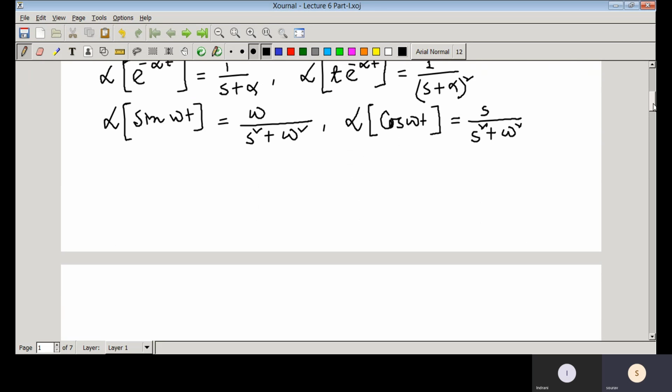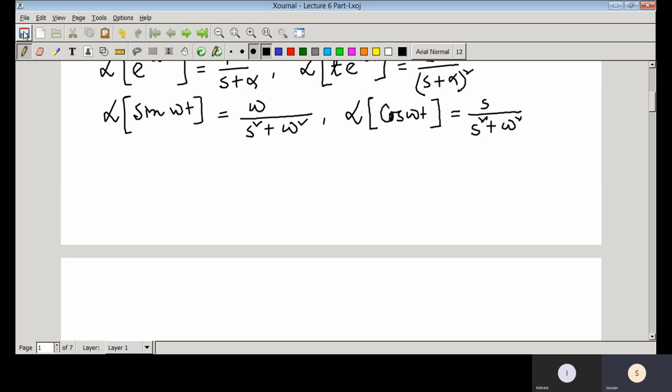Now, throughout this course we will be handling dynamical systems, and dynamical systems are modeled using differential equations. So all through the course we will be taking the Laplace transform of the derivative operator.